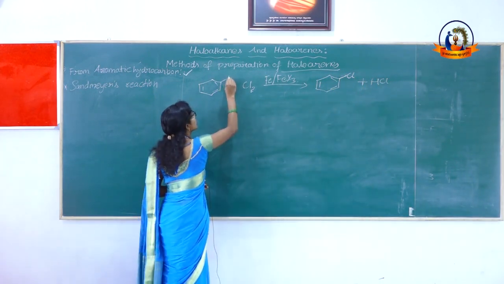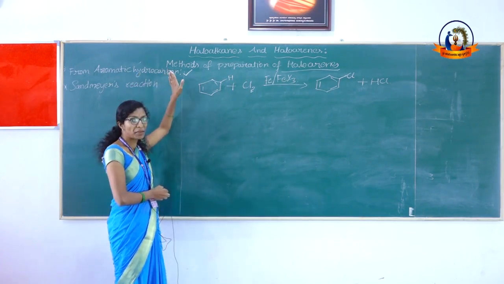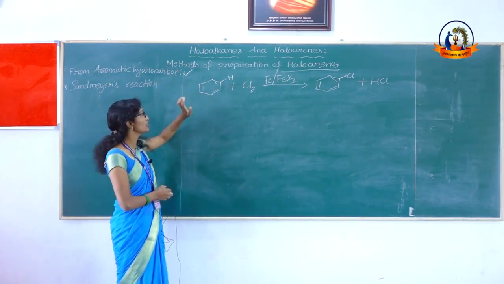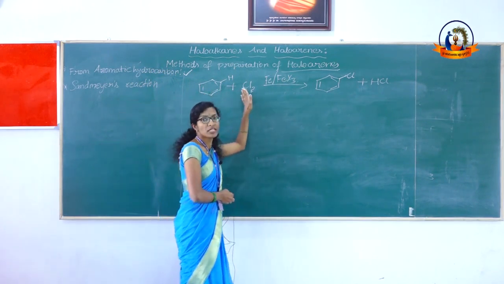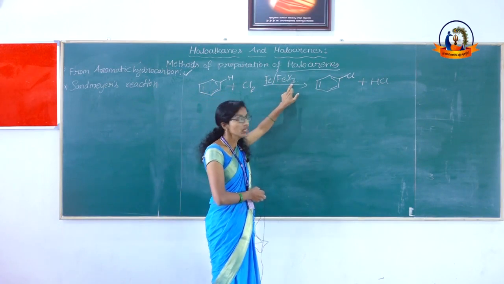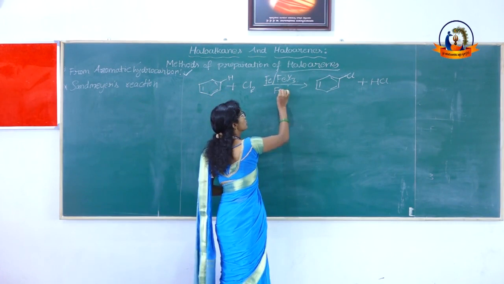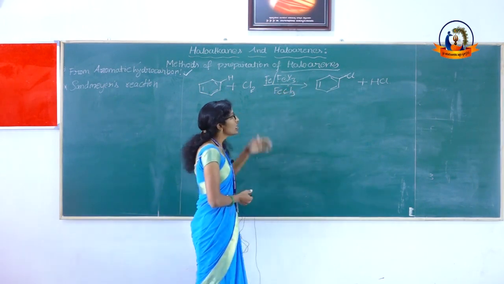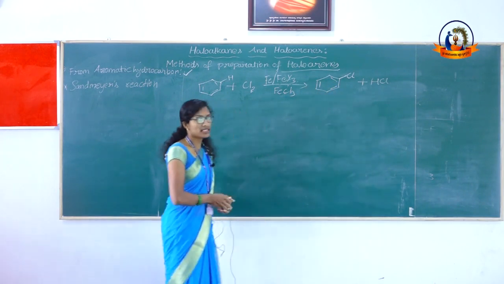We know here hydrogens are present. From the aromatic hydrocarbon means electrophilic substitution reaction. Here the aromatic ring reacts with halogen in the presence of halogen carrier, that is FeCl3. It gives chlorobenzene as the product with HCl.